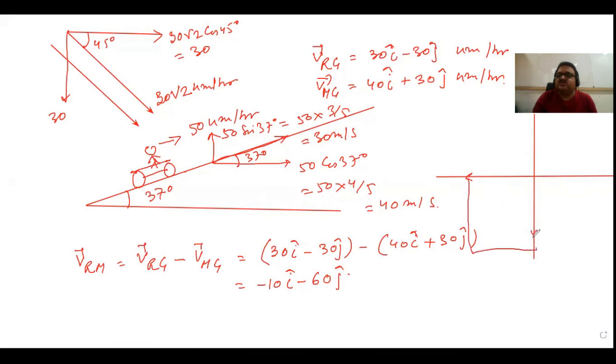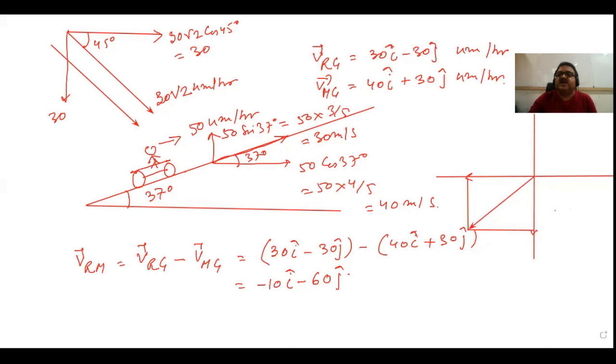So if I close the parallelogram, how does it look? It looks like this. So what is the direction of the resultant?